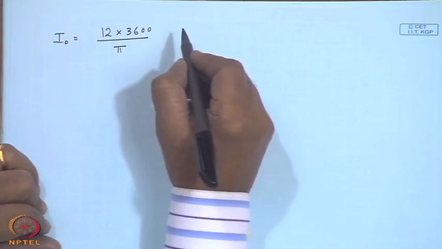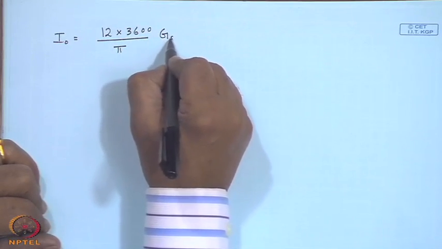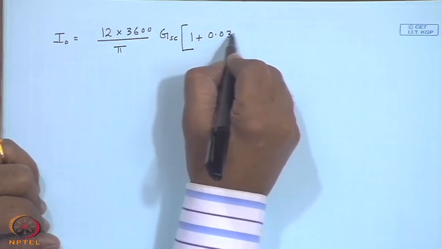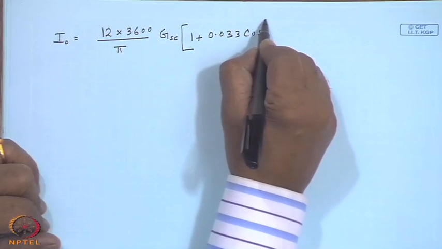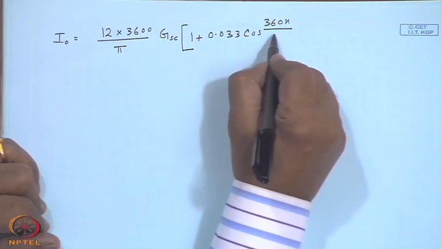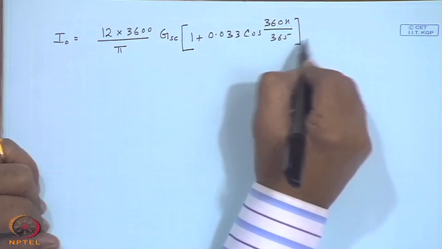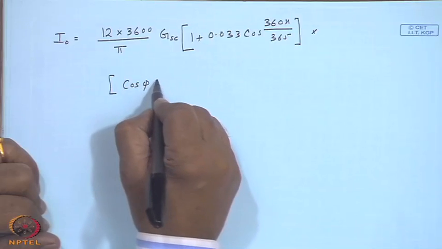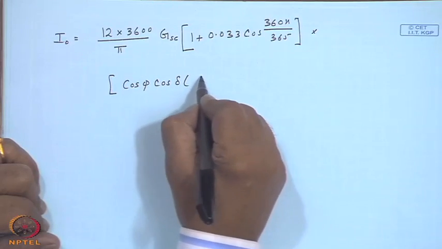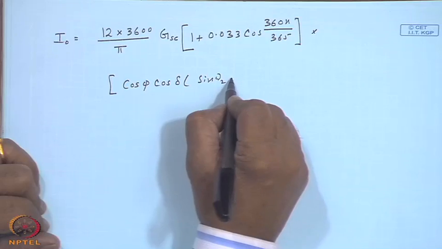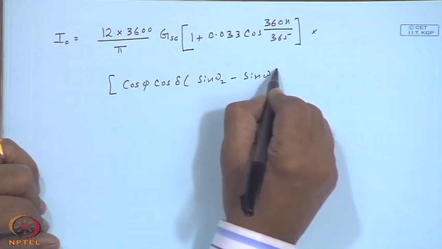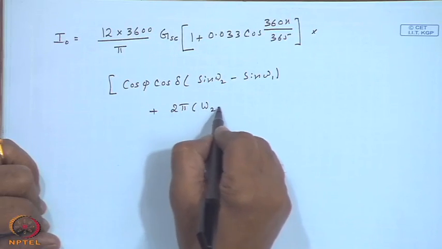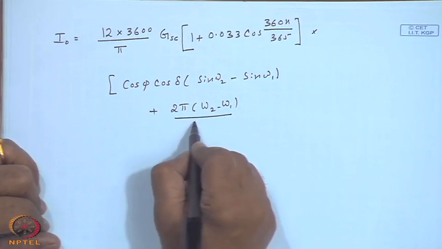So, 12 into 3600 by pi times the solar constant G S C times the variation 1 plus 0.033 cos 360 n by 365 times cos phi cos delta times sin omega 2 minus sin omega 1 plus 2 pi times omega 2 minus omega 1 by 360.